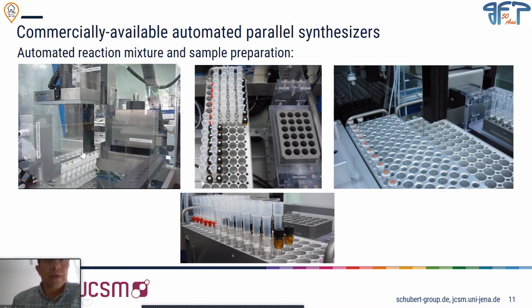Likewise, you can take samples and put them in different racks with different kinds of tubes or vials. As you can see here, some vials with caps, 2 milliliters, some filtration devices in case you need to filter your polymer sample, some NMR tubes to achieve some analysis later on.